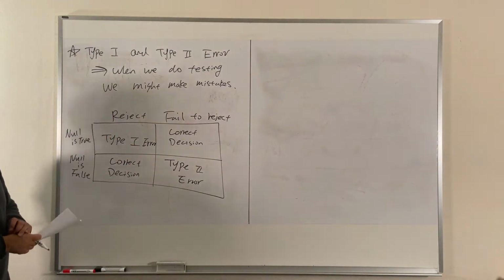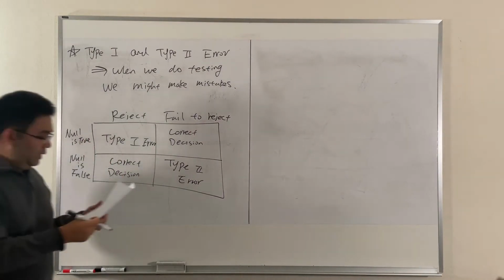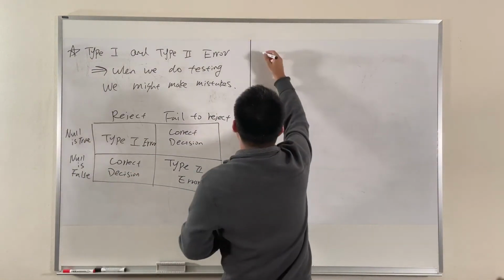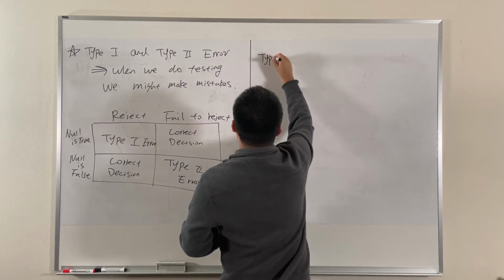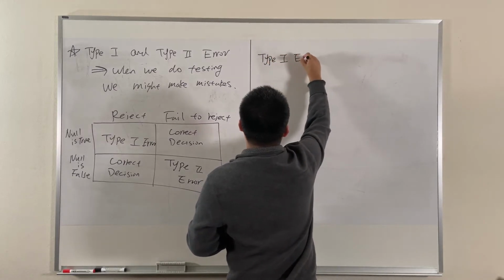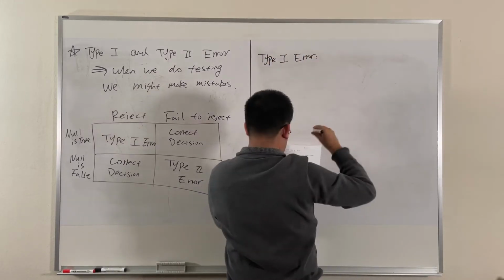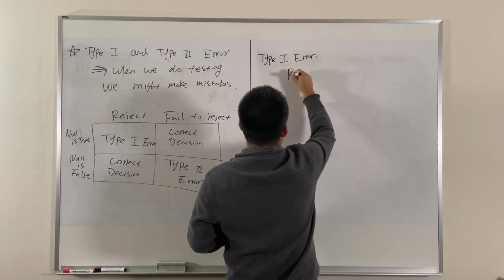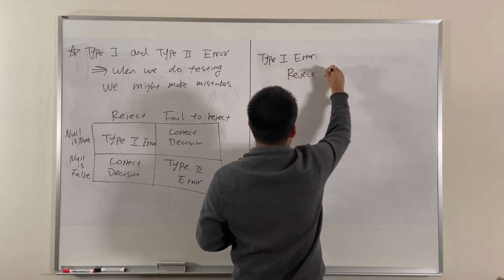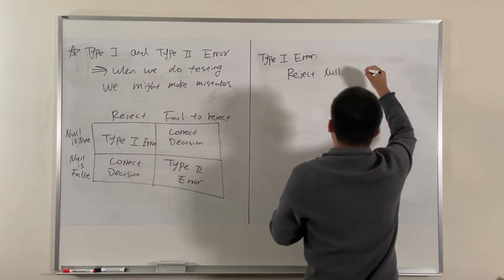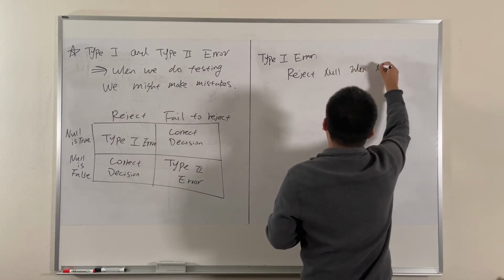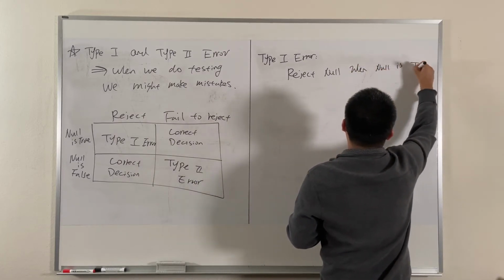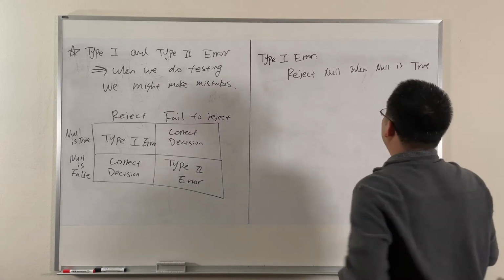Let me just write these two out formally. Type 1 error is the mistake that you reject your null when your null is true. When your null is true, you reject your null.